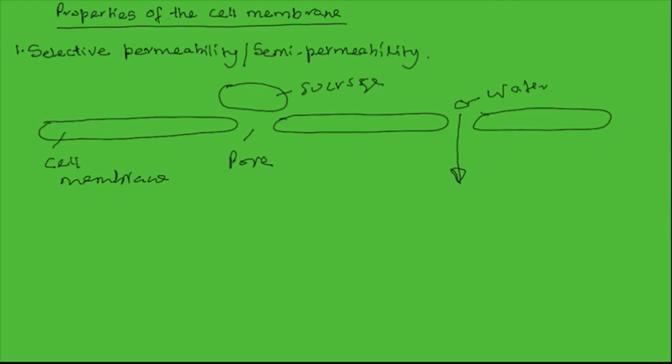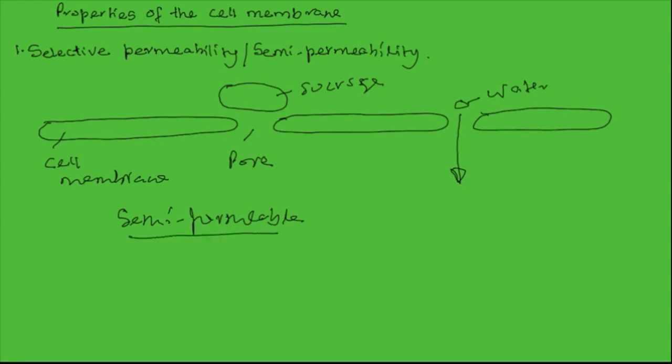The membrane is therefore said to be semi-permeable, and this property allows the membrane to select what enters and what leaves the cell.